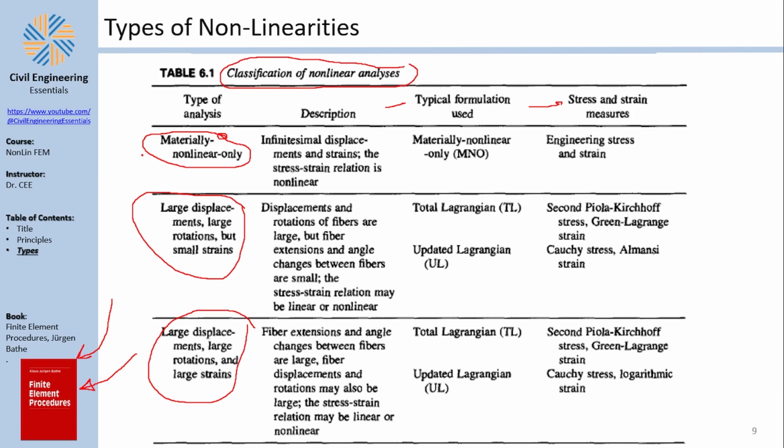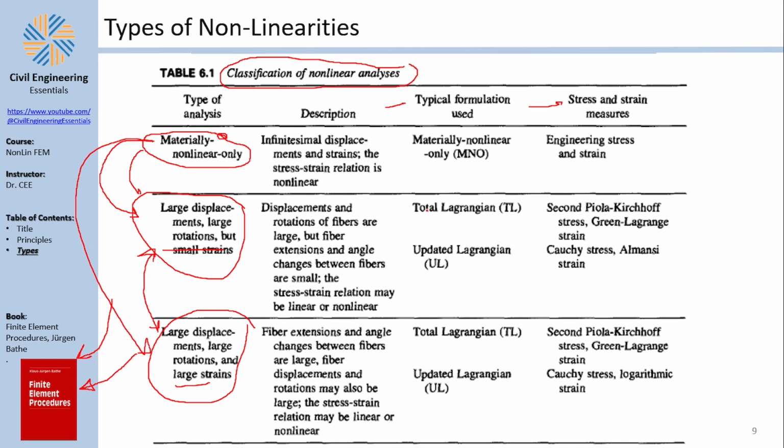For now, I want you just to realize that there are some nonlinearity types. You can also have a mixture between material and geometry. You cannot have a mixture of those two things because those two things are mutually exclusive. You cannot have small strains and large strains, but you can have material nonlinearity with large displacement, small strain, and material nonlinearity with large displacement and large strain.